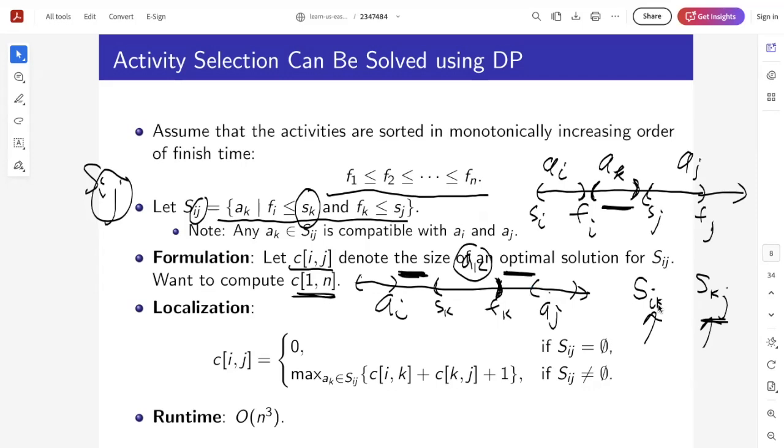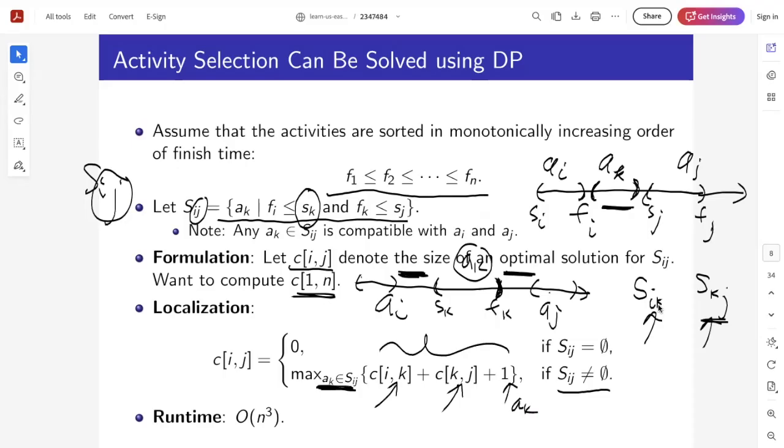So the recurrence relation is, when there are activities in Sij, we pick an activity AK from it, such that this is a subproblem and this is a subproblem, each with its optimal solution, and add both of them and add 1, because that is the one we selected, AK.